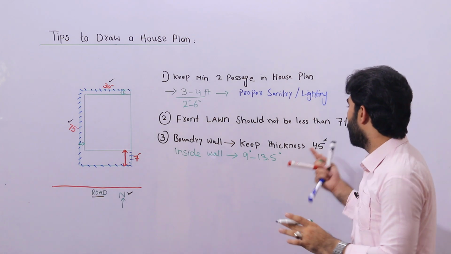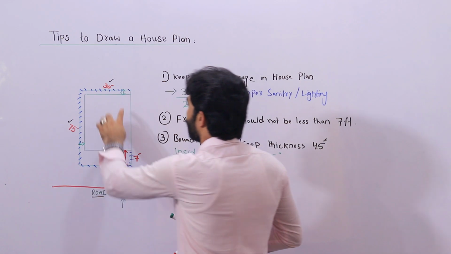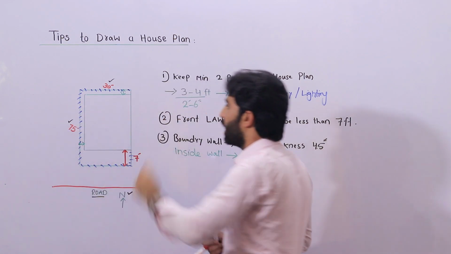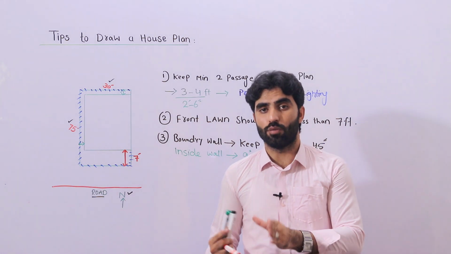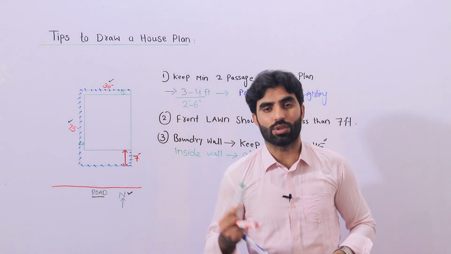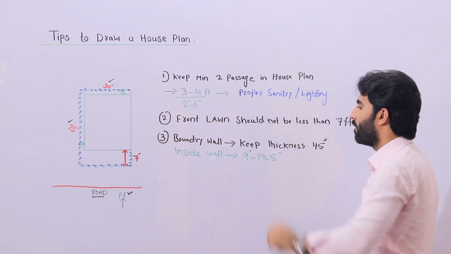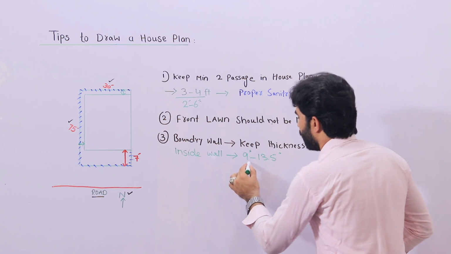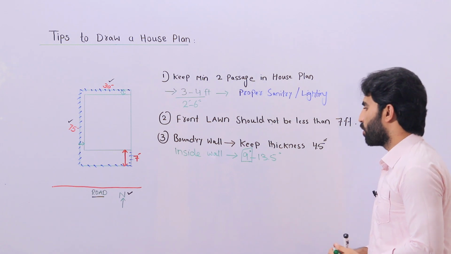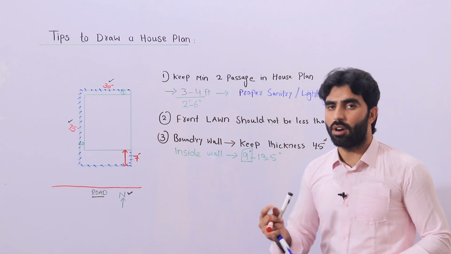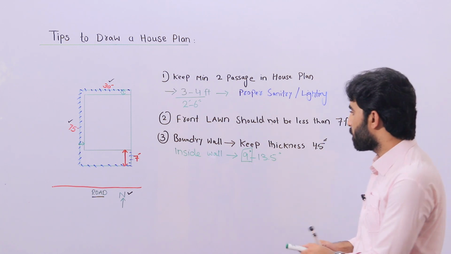But remember one thing, inside walls between the bedrooms or kitchen you can also keep at about 4.5 inches, but the front wall should not be less than 13 inches. Normally from 9 to 13.5 inches we can keep, but normally we provide 9 inches, okay? But in some areas we are required to provide 13.5 inches or 1.5 brick, and this is 1 brick, and 4.5 is half brick, okay?